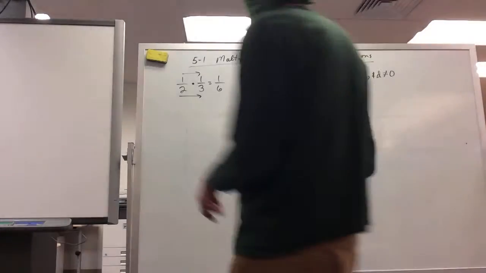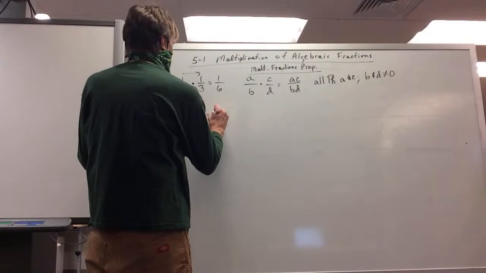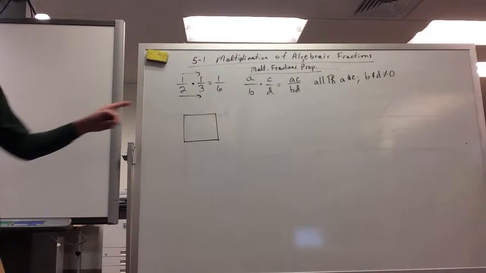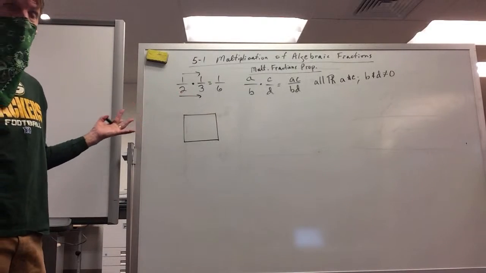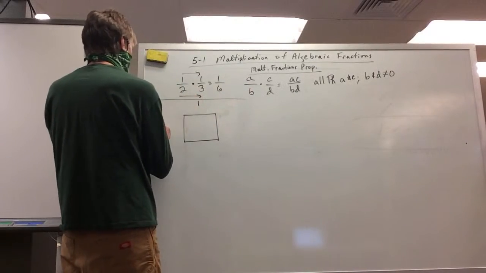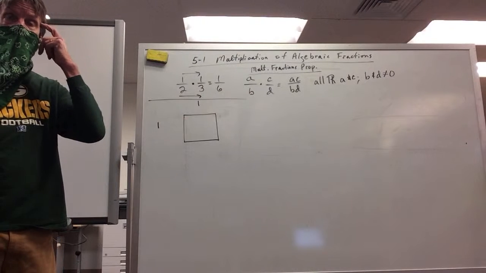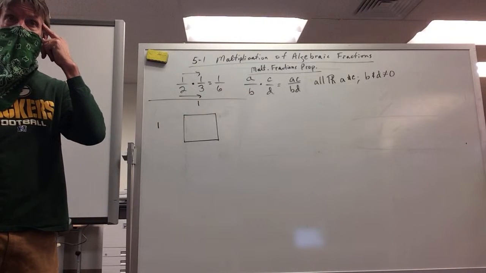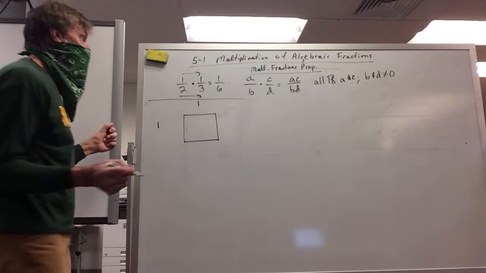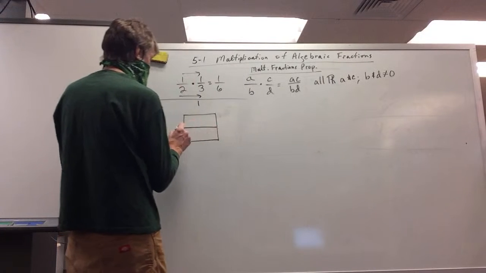So what if we represented this multiplication using a rectangle? Say this rectangle was just a 1 by 1, so this is 1 across and 1 high. What's the area of that square or rectangle? It's 1 square, 1 times 1. That's the area. Then if we took that half and broke it up like this, here we have 1/2.